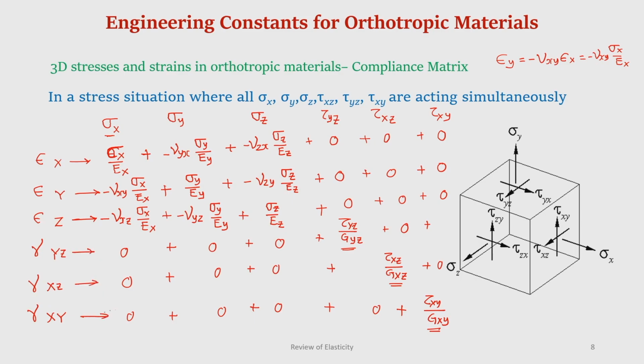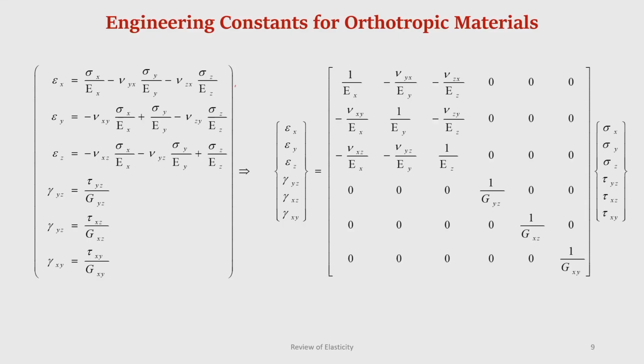So, we get a relationship for an orthotropic material between the stress and the strain. Now, if we write this in matrix form, this is what we have just derived, the strains in terms of stresses. This can be written in matrix form, where the 6 components of strain are expressed in terms of the 6 components of stress by means of this 6 by 6 matrix.